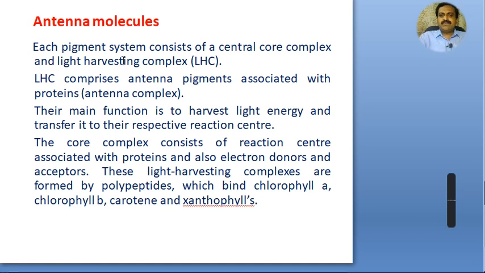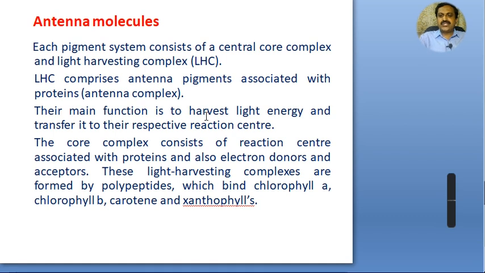Each pigment system consists of a central core complex and a light harvesting complex, together forming what are called antenna molecules. The light harvesting complex comprises antenna pigments associated with proteins. So antenna pigments and proteins together are called the antenna complex.